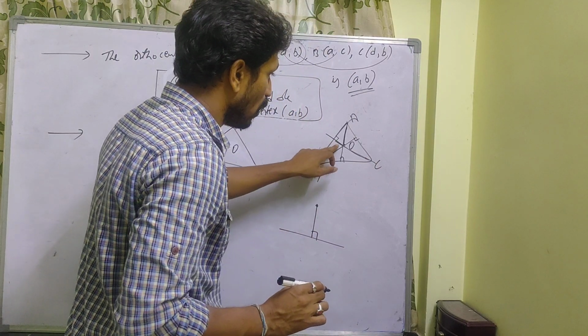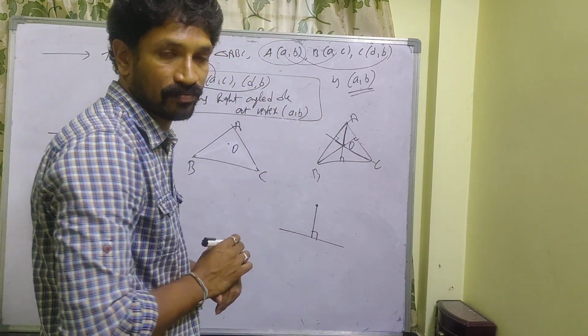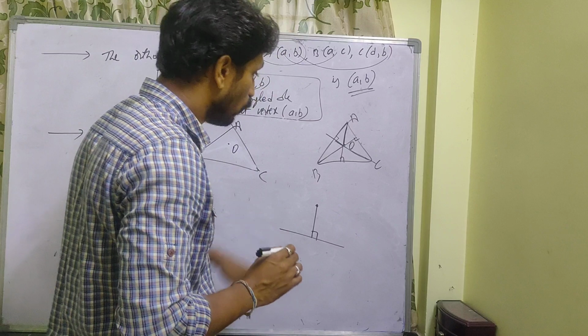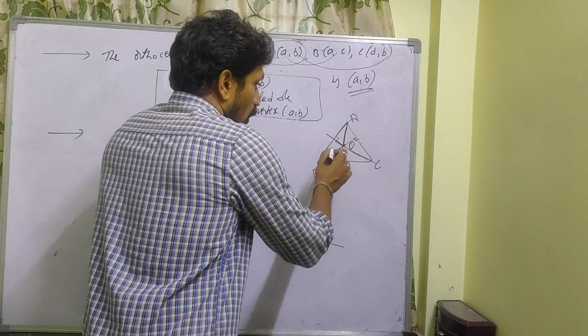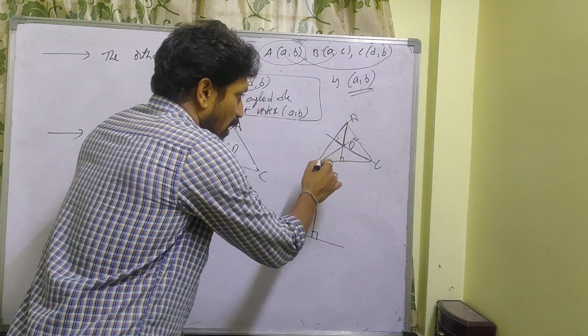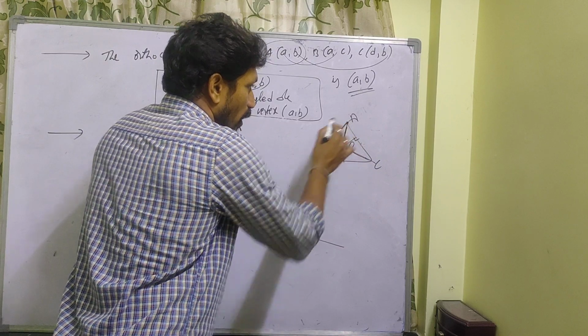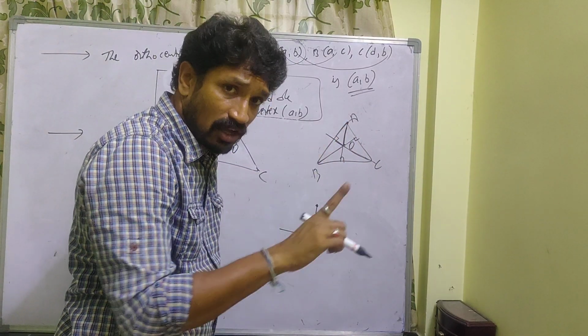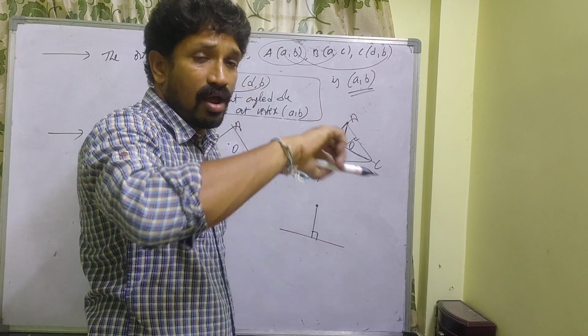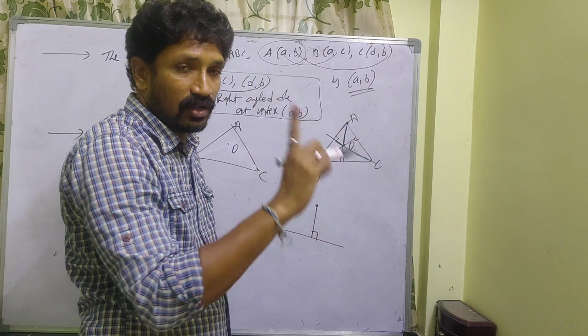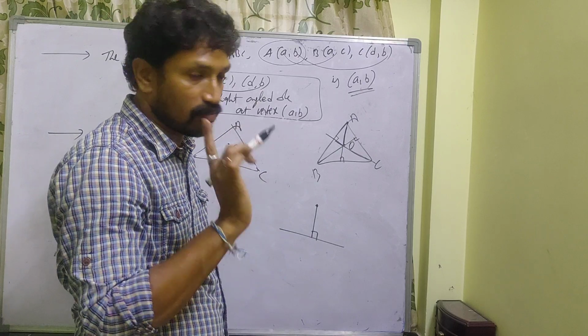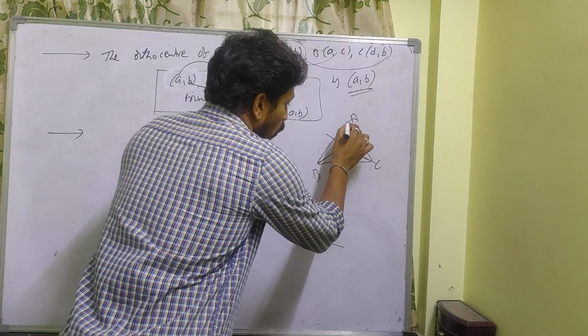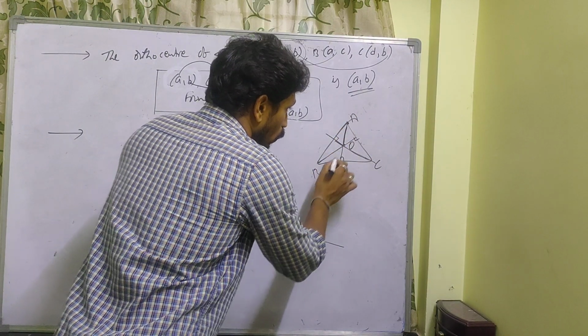So this is one of the altitudes of triangle OAB. Next, we have to find the altitude of triangle OAB passing through A. Once you observe, if it is an obtuse angle triangle, the orthocenter will be outside. That is important. Through A, what is the altitude to this side OB?